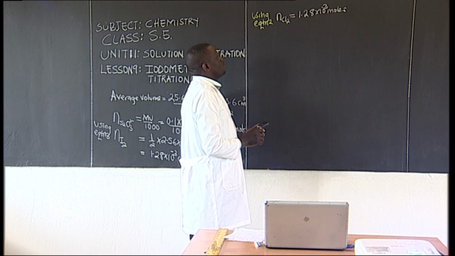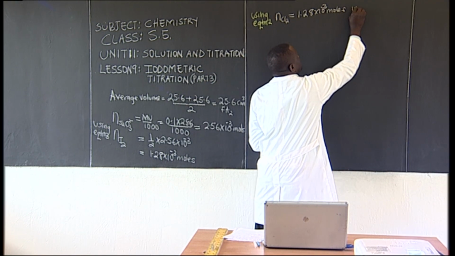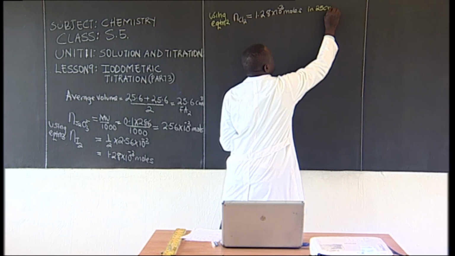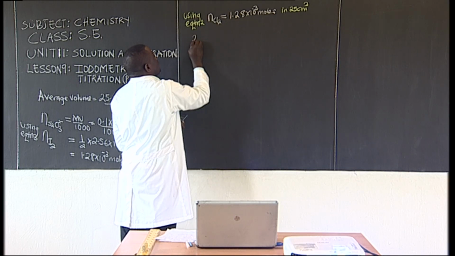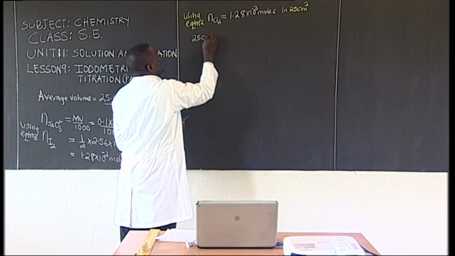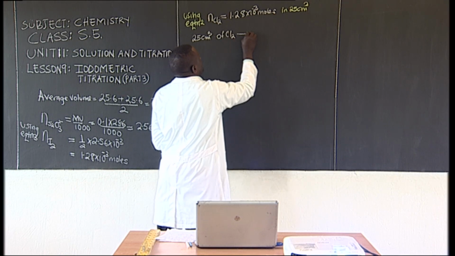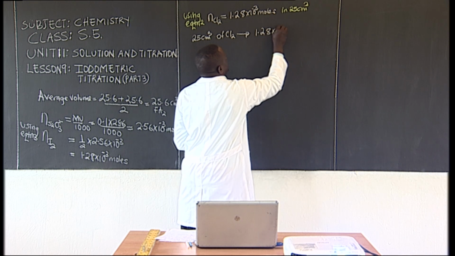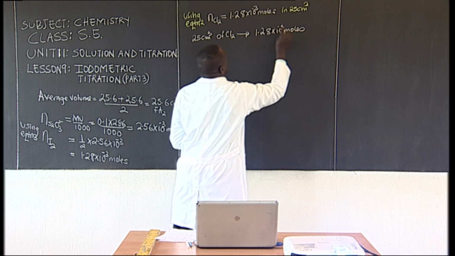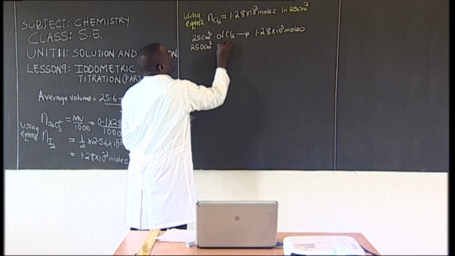So from there we say that actually these moles are in 25 centimeter cubed. Then 25 centimeter cubed of chlorine contains how many moles? 1.28 times 10 to the power negative 3 moles. And what about 250 centimeter cubed of chlorine again?